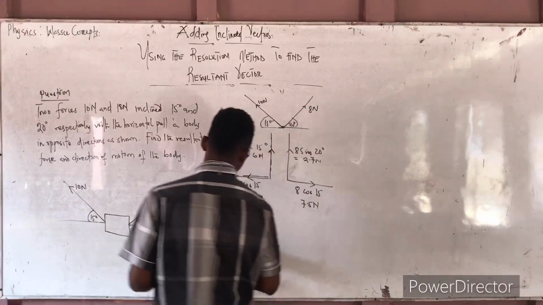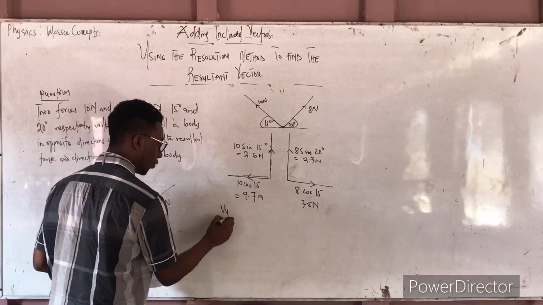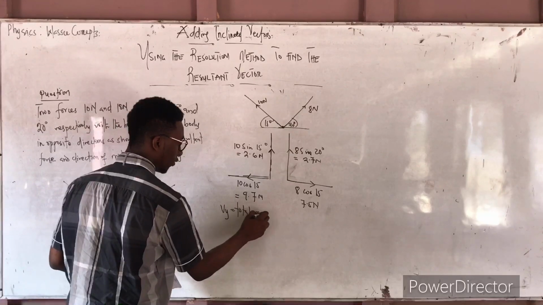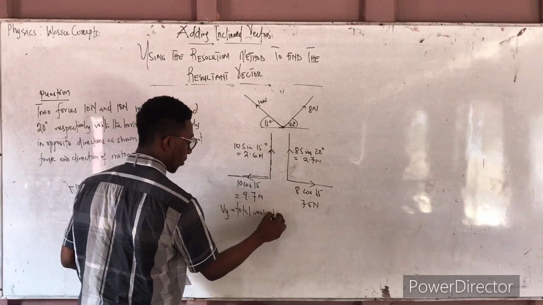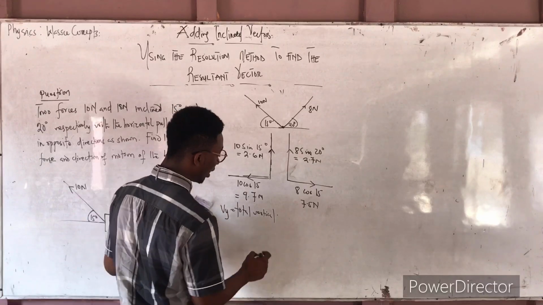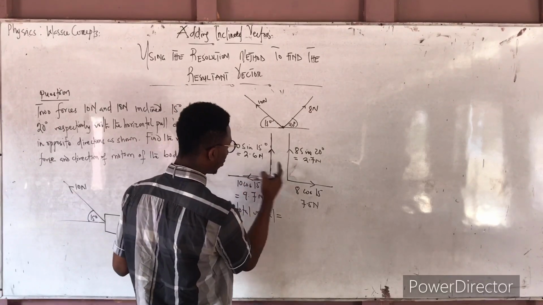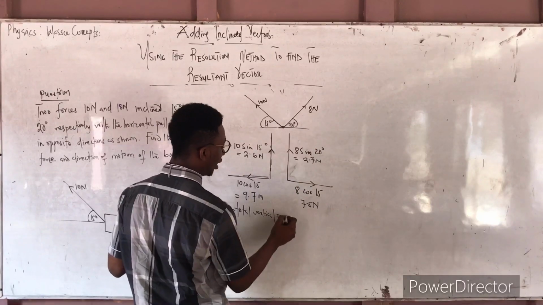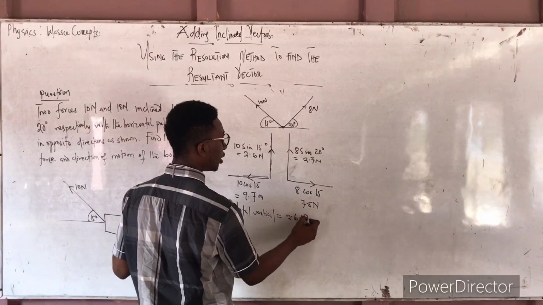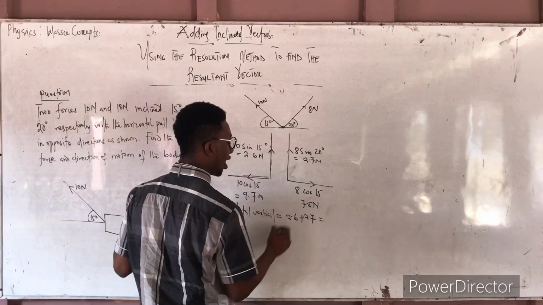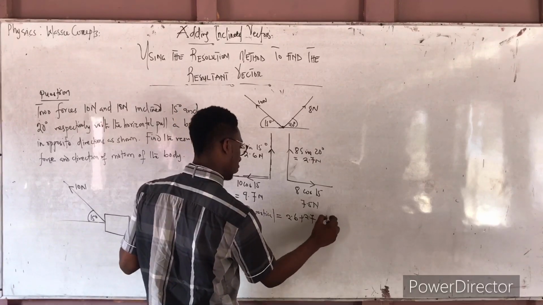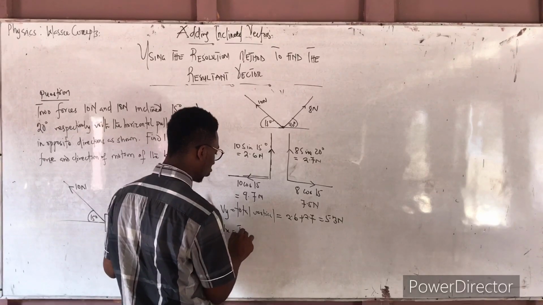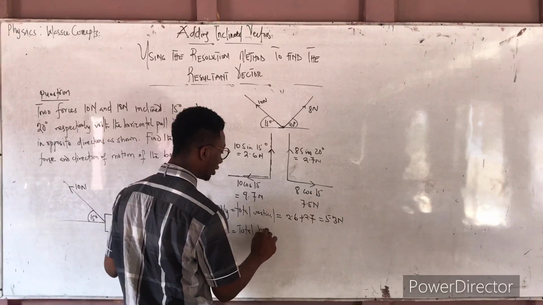So what happens is that you have to find your Vy, which is the same as your total vertical component. Since they are all pointing parallel, towards the same direction, it is 2.6 plus 2.7. And that will give you 5.3 newtons.